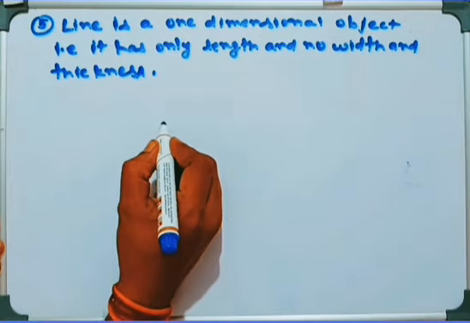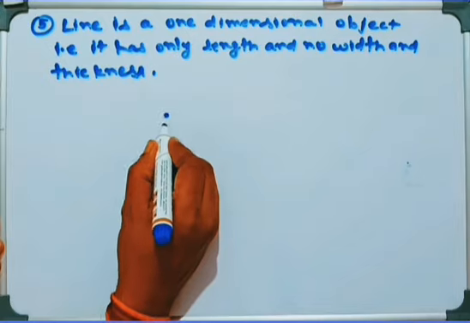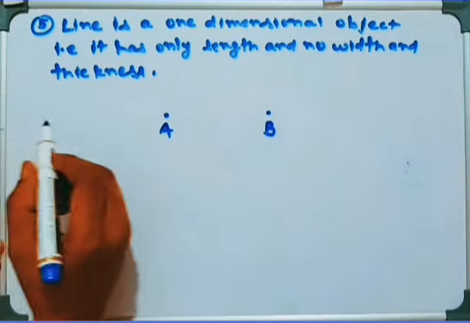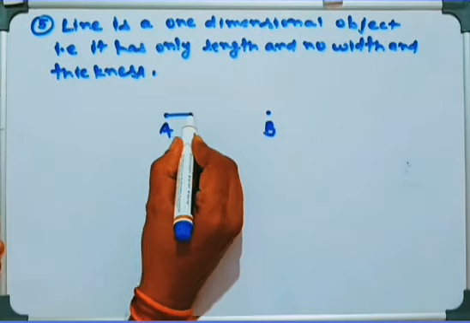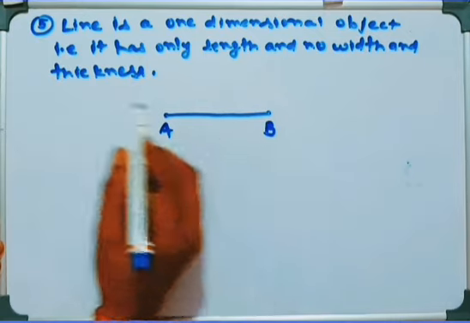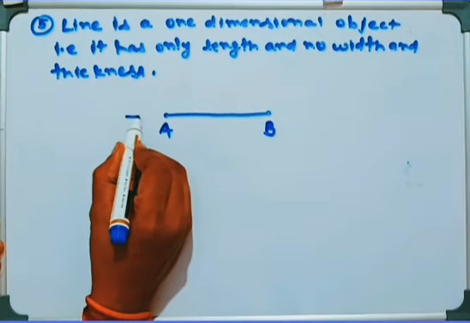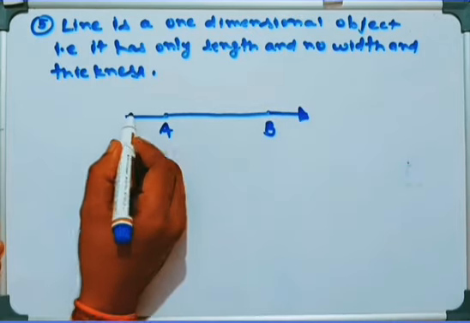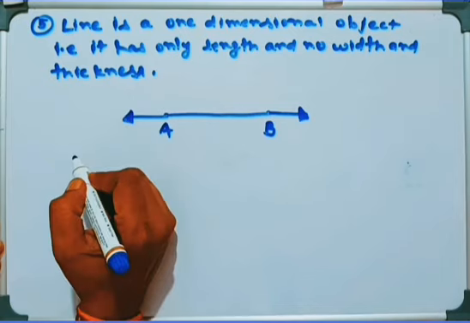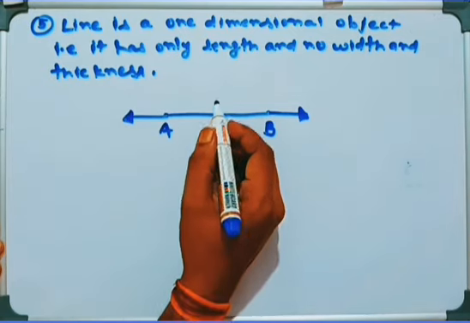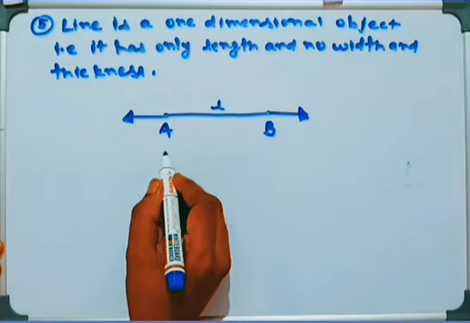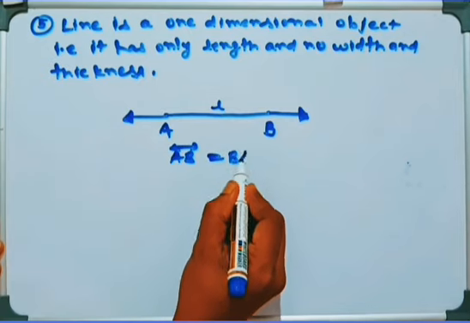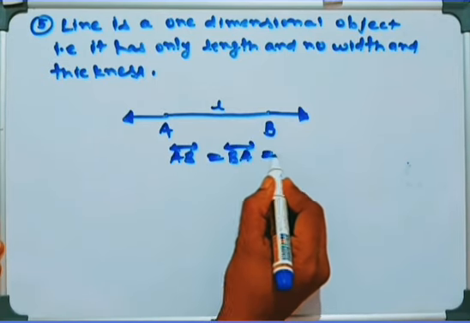Suppose A and B are two different points, and when we join A and B like this and extend on both directions and put arrowheads like this, then it becomes a line. Now it is represented by L, then line AB, line BA equals L.